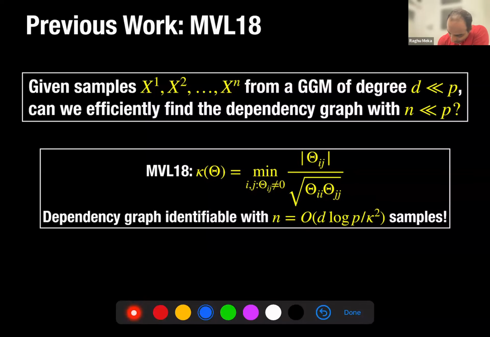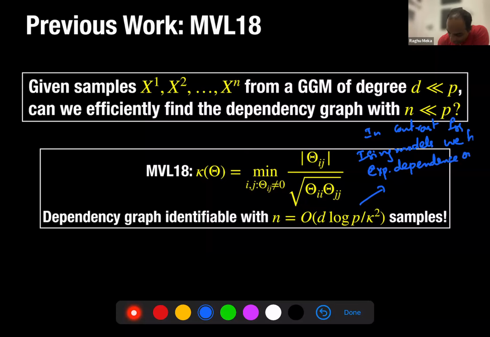In contrast, for Ising models we had exponential dependence on the degree. When we studied sparsitron for the Ising model, we had exponential dependence on the degree, and even though we did not prove it, I stated that this exponential dependence is actually necessary for Ising models.